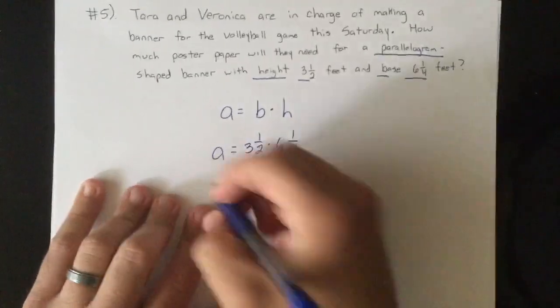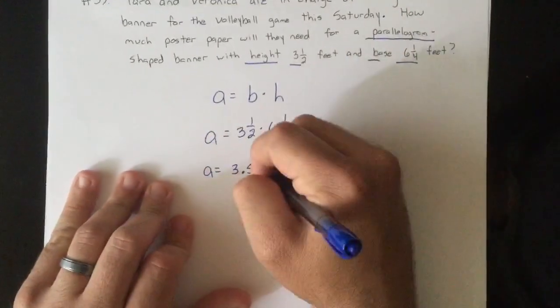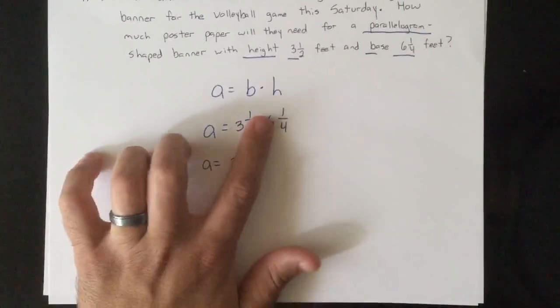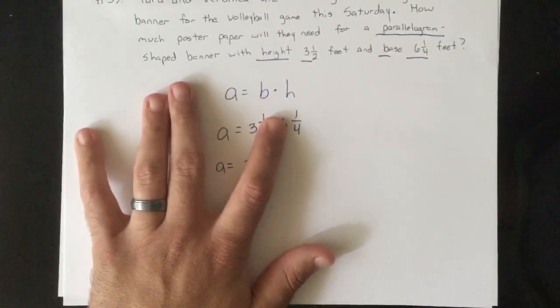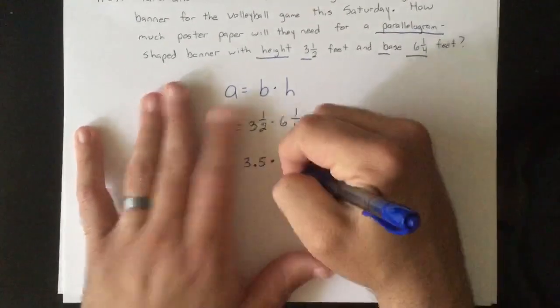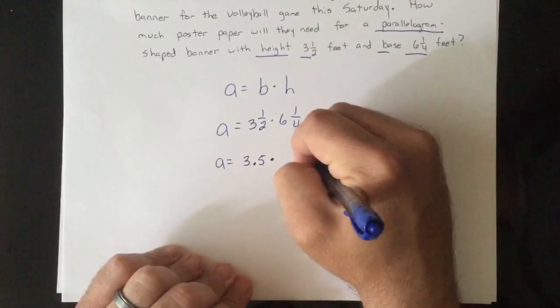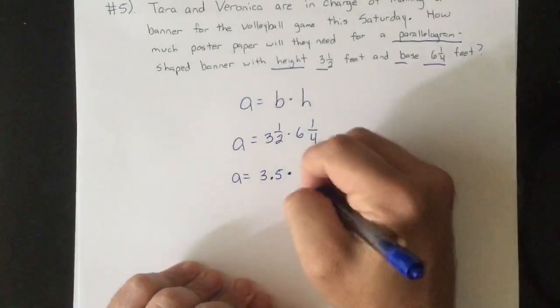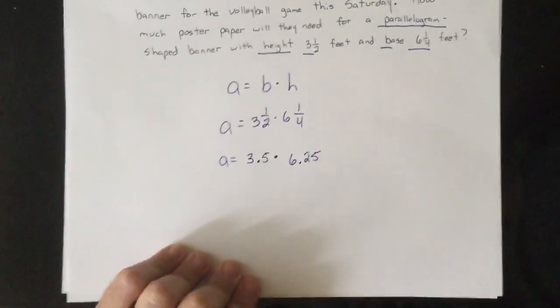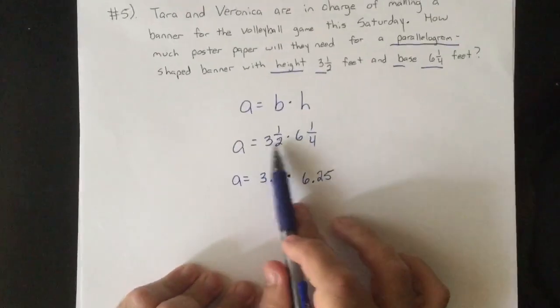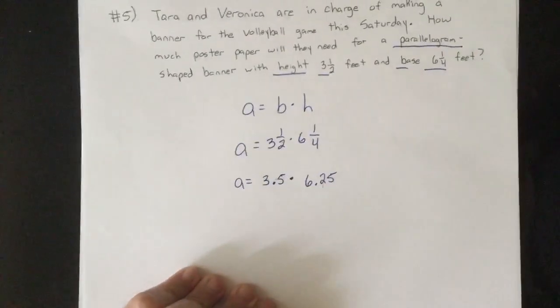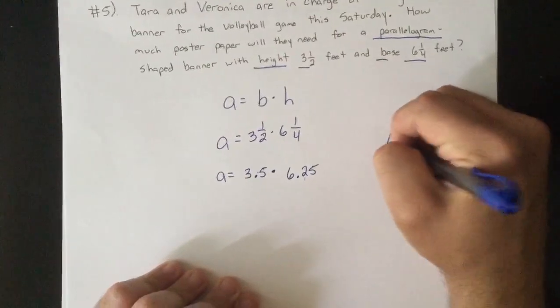And then look at that whole number 3. It goes in front. And then what is 1/4 as a decimal? Isn't that the same as a quarter? So that's 0.25. And there's my whole number of 6 out in front. Well, look at that. You just converted the fractions to decimals. Now let's just multiply.